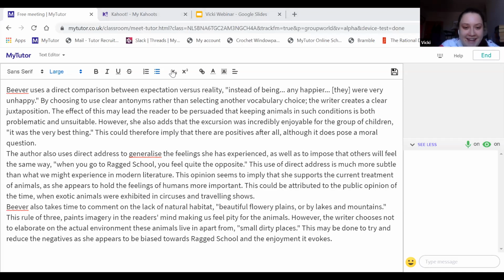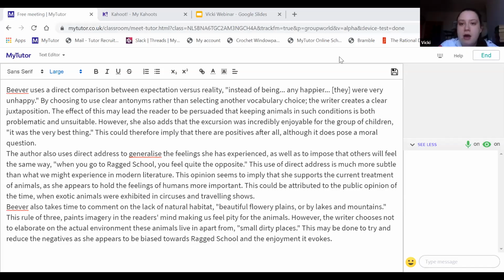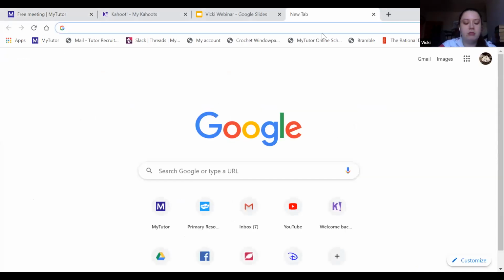Right. Oh, is it generalise? I think, I could be wrong though.